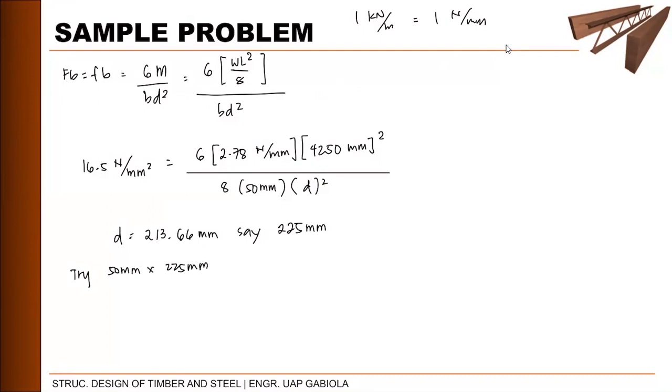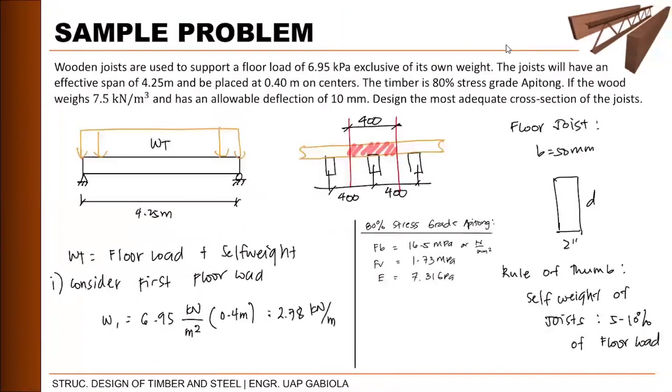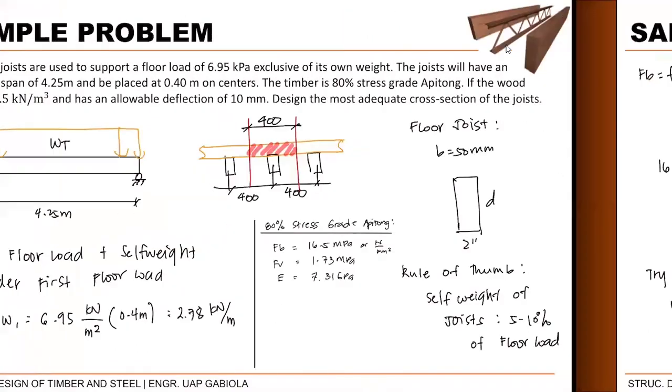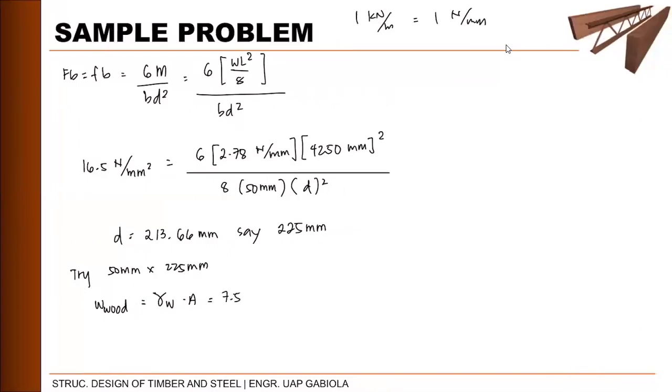Okay, so what will be the weight ng wood alone? That is equals dun sa unit weight natin, which is given on the problem, times yung area ng cross-section. So we have unit weight of wood is 7.5 kilonewton per cubic meter. So 7.5 kilonewton per cubic meter times 0.05 meters yung 50 mm, then 0.225 meters.